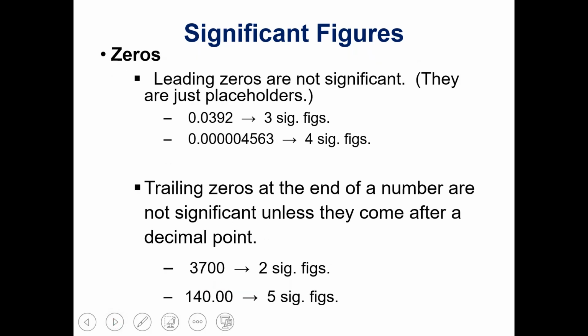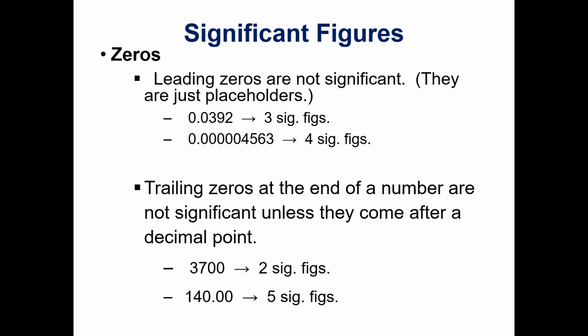For zeros, there's 3 different types of zeros. There's leading zeros, trailing zeros, and captive zeros. So leading zeros are those zeros that are at the front of a number when we have a decimal. Leading zeros are never considered significant.